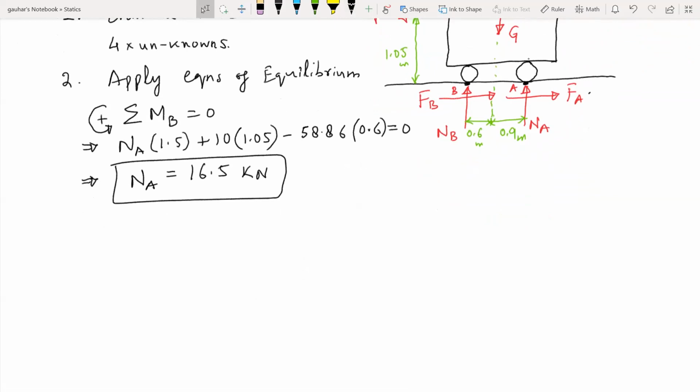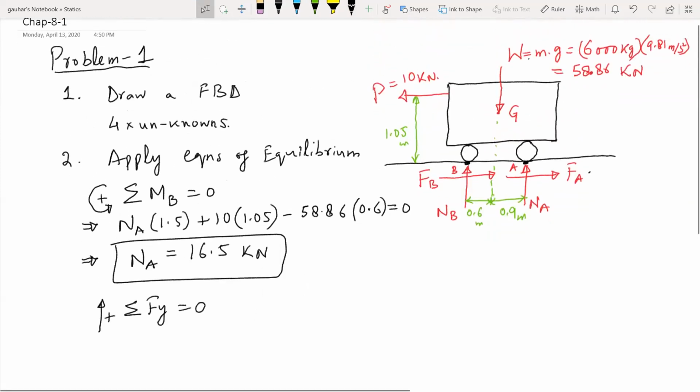Now let's apply another equation of equilibrium. Let's apply upward positive sign convention, summation of forces in y direction equals 0. How many forces do we have in y direction? We have the weight of the car, NA, and NB, right?